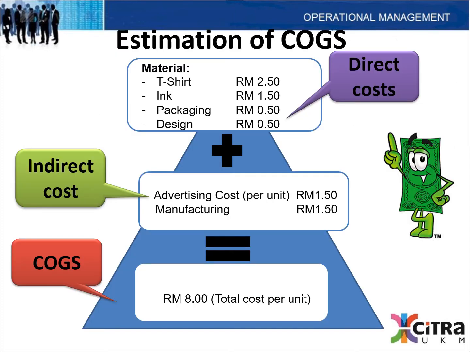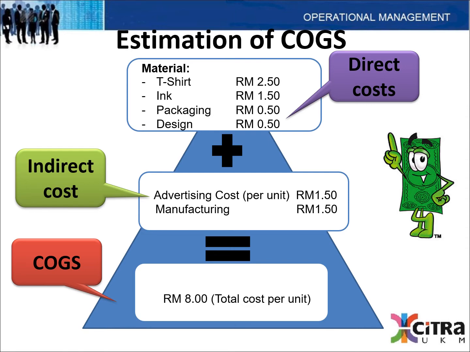This is an example of the cost. How do you estimate the cost? It includes direct costs and indirect costs, and then you get the costs. The direct cost here is the material that you use to produce a product.